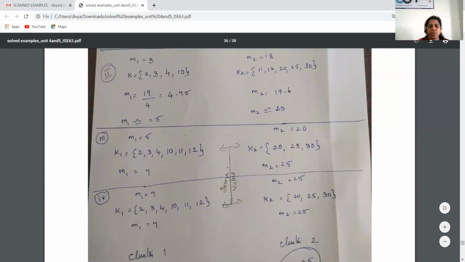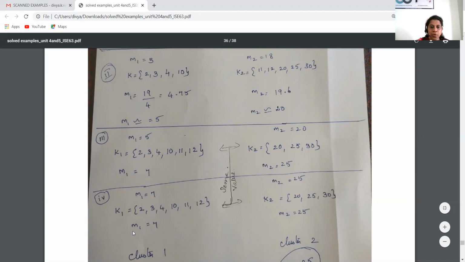Now repeat the procedure. Based on 7, we will check whether 2 is near to 7 or 25. Similarly, whether 3 is near to 7 or 25. So the nearest points to 7 will be taken in this cluster, and the nearest points to 25 will be taken into this cluster.